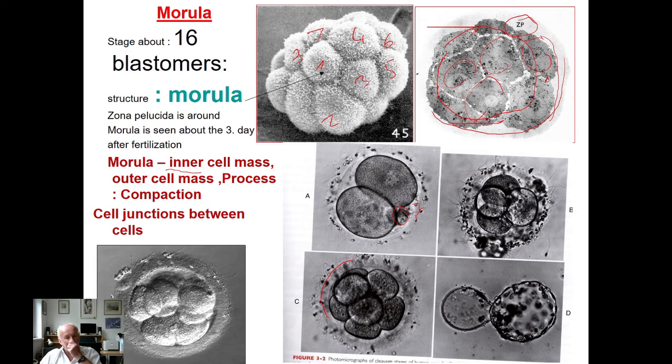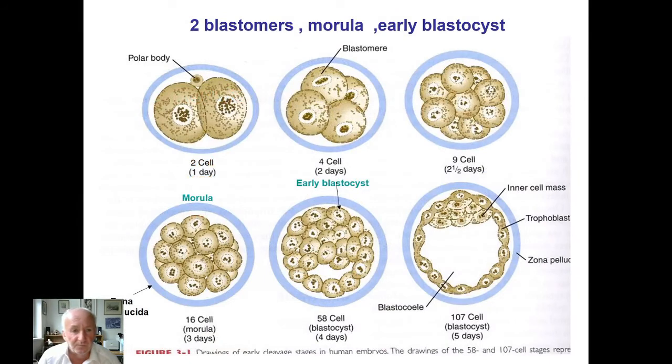This procedure happens in the morula around the third and a half day after fertilization. Don't forget we are in the uterine tube, in the isthmus of the uterine tube.